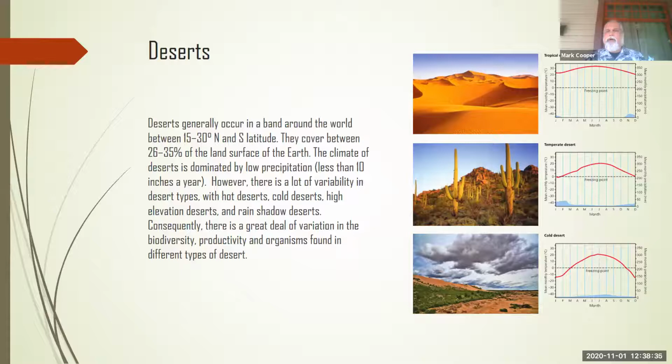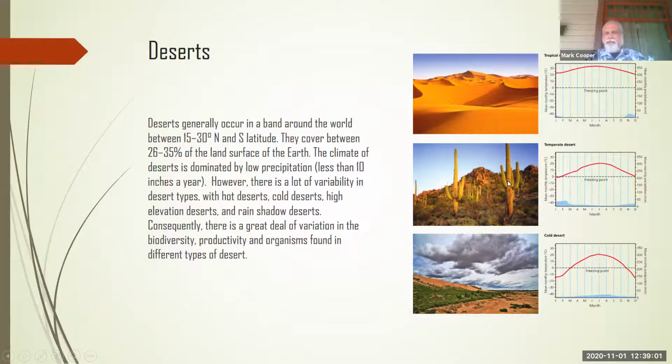What I want you to know about the desert in general is that there's a lot out there. People think there's not a lot of diversity in the desert. There is. The extreme conditions cause plants and animals to adapt, and so you get a lot of variability. Up on top, the first picture might be the one that everybody thinks about when you see desert.